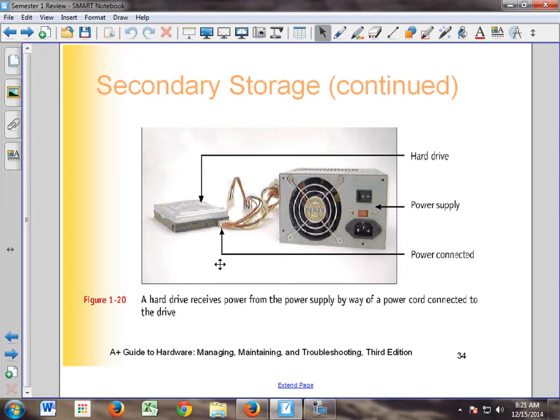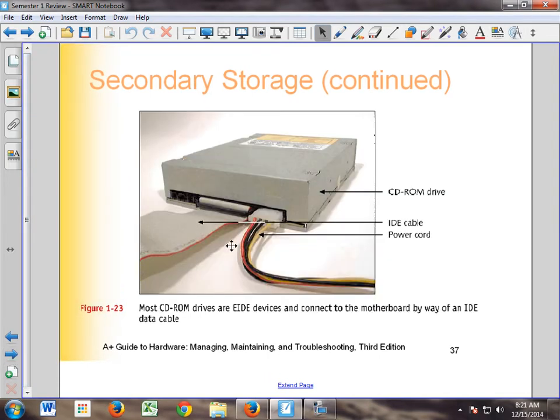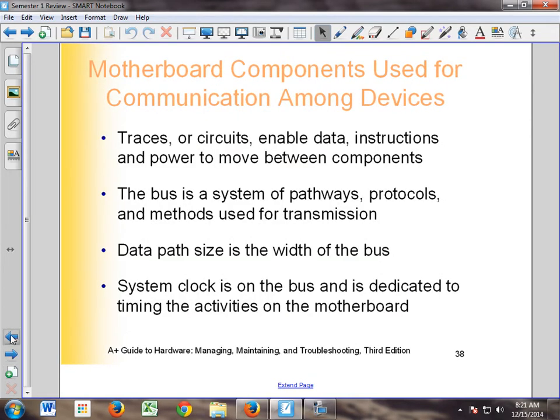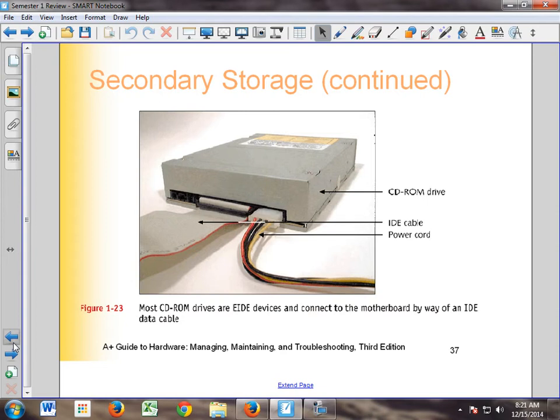What's the only thing that ever says 5? Floppy drive. So if I don't tell you otherwise, it's a 12-volt connector, whether it's one of these older Molex connectors or the newer SATA power connector. Doesn't matter, they're still 12 volts.